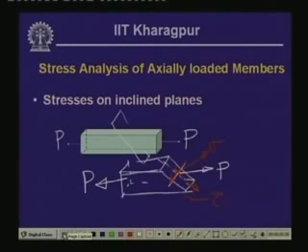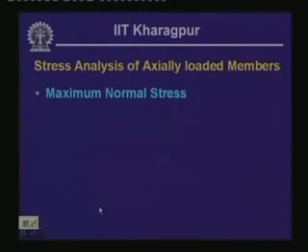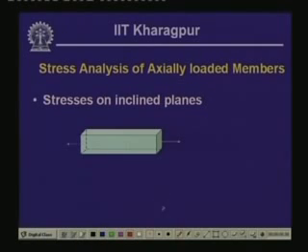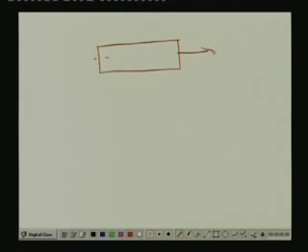If we concentrate on the two dimensional plane, if we take the axially loaded member, the member is subjected to the load P in the axial direction.